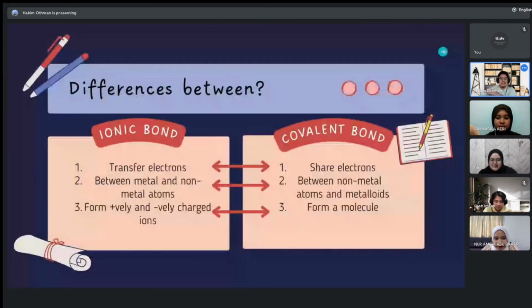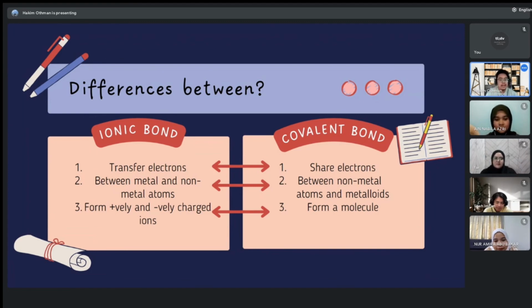Okay, continue. So this is the last part, where we take a look at the differences and the similarities between ionic bond and covalent bond. Number one, ionic bond transfers electrons, while covalent bond shares electrons. Number two, ionic bond is between metal and non-metal atoms, while covalent bond is between non-metal atoms and metalloids.